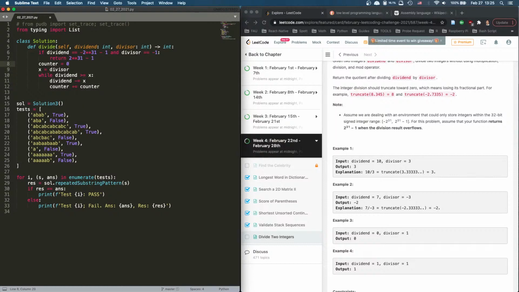No, so counter has to be 1. How do we do counter? Counter is how many times that I have minus x. When minus x once, so counter plus equals 1. And then I'm going to double on x. So when double on x, counter has to also double, right? But the initial value of the counter has to be 0.